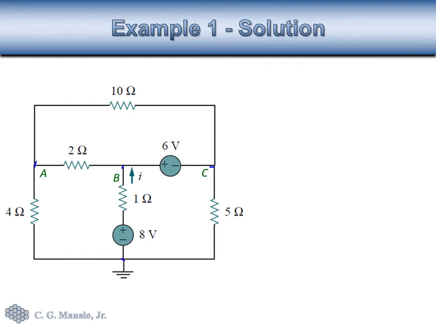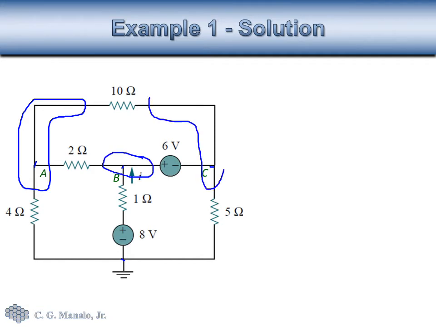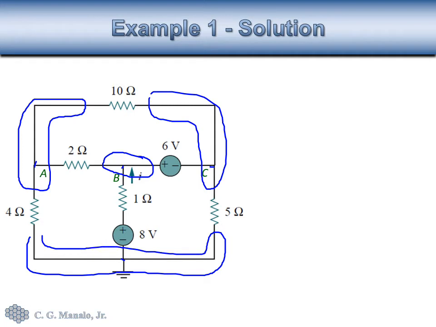Take note that this whole thing here is node A, this is node B, node C, and here is our ground. Okay, so that is the scope of the nodes.